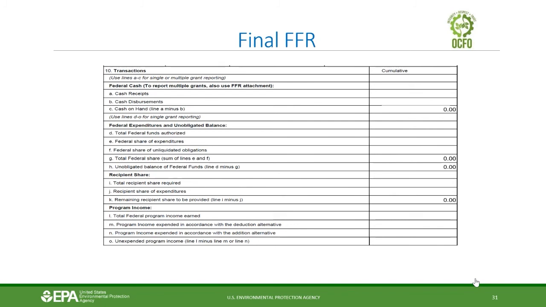Is that if you didn't spend all the federal share and you're not sure what your cost share is, or is that a general question of how EPA comes up with a cost share amount?